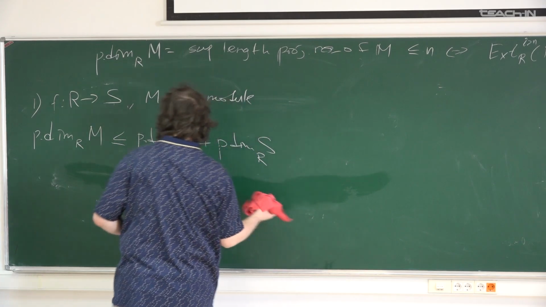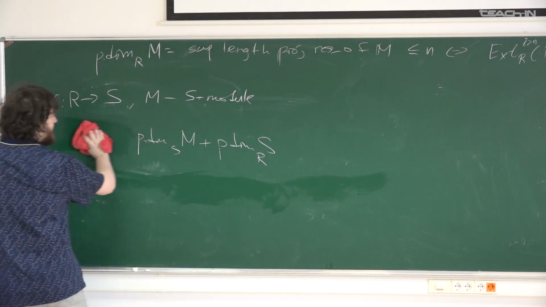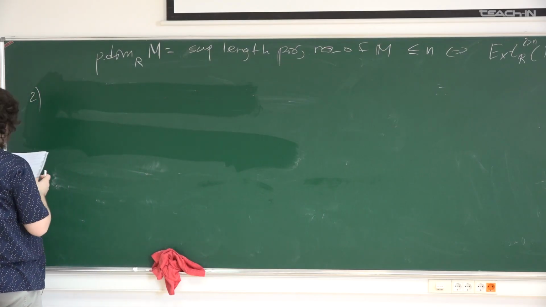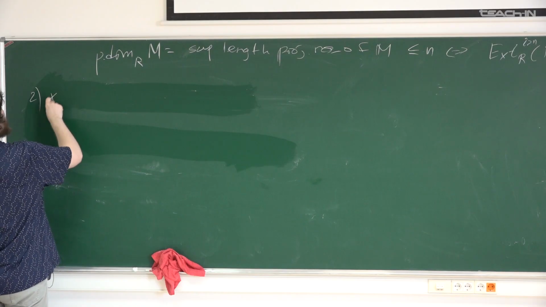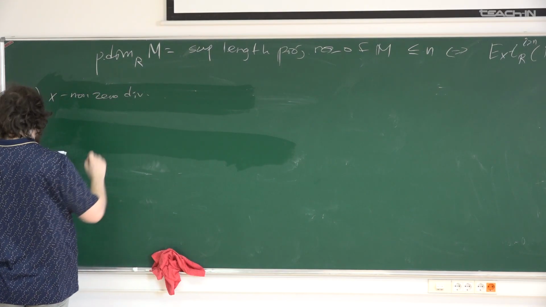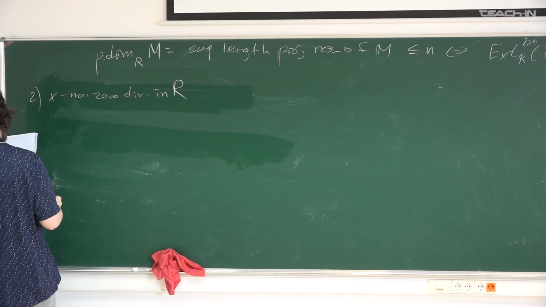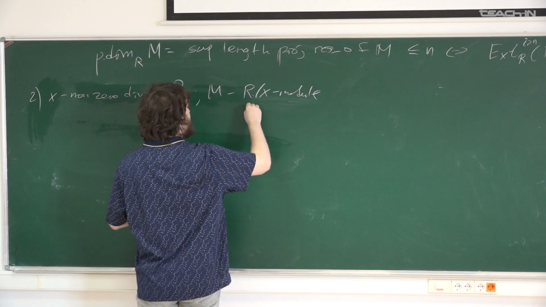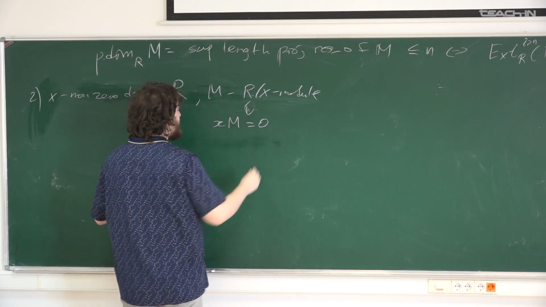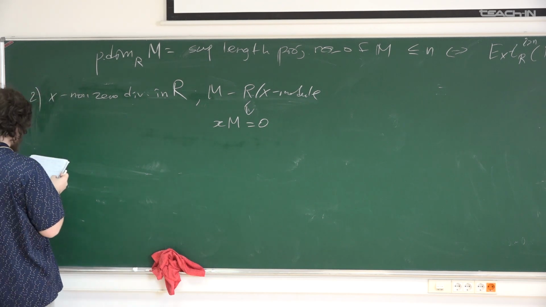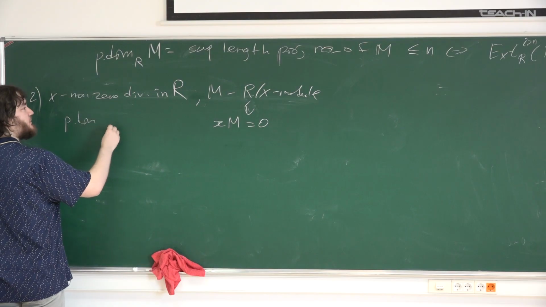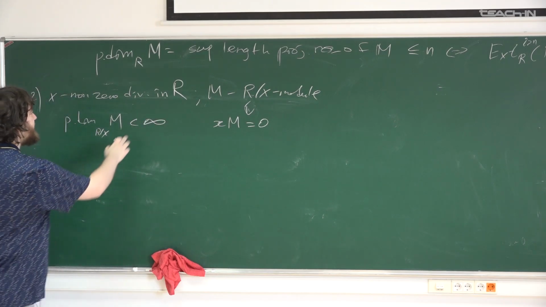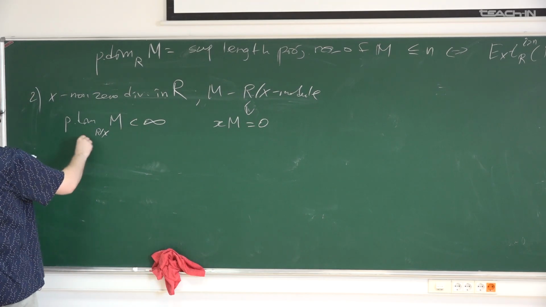Now, let's prove another property more directly. The second exercise is something like this: if x is a non-zero divisor in R, and M is an R/x-module, which is the same thing as an R-module with the property that x times M is 0, and of course if the projective dimension of this module M over the quotient is finite, then we have the following equality.